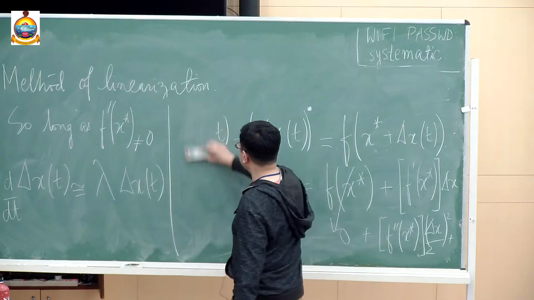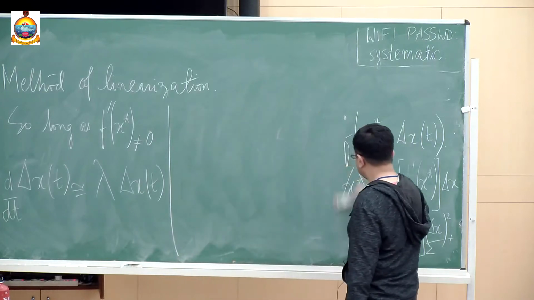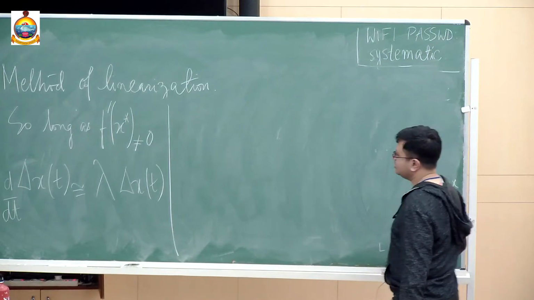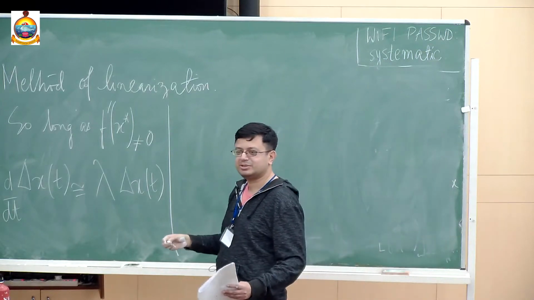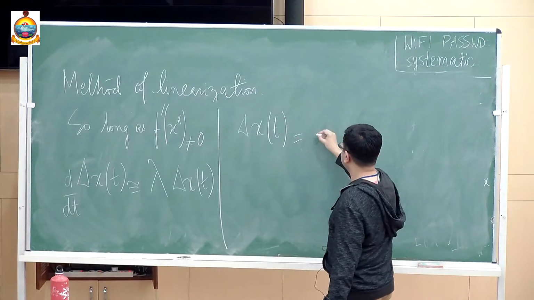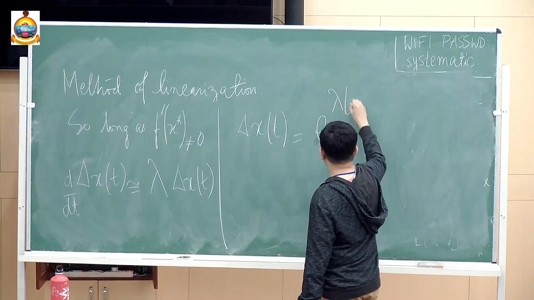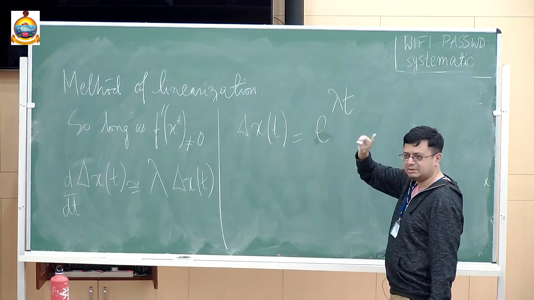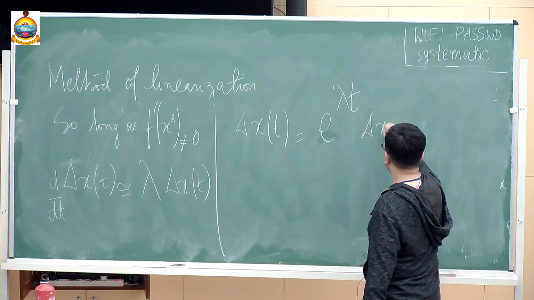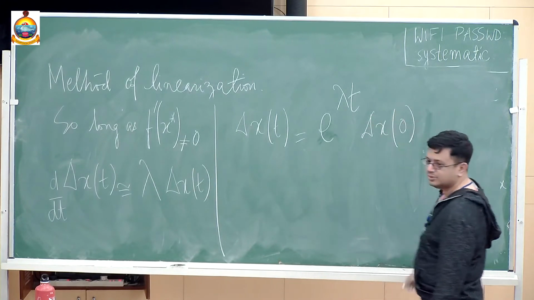So can somebody tell me what is the solution of this equation? Delta x of t is equal to e to the power lambda t, remember lambda is a number, it is constant, times delta x of 0.